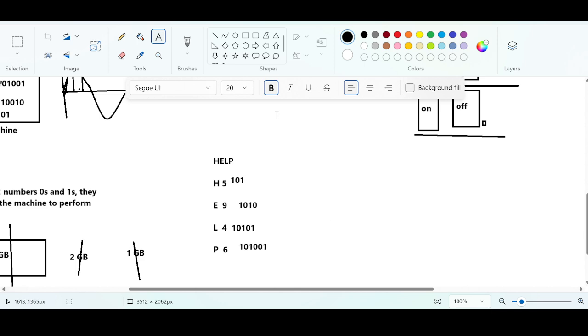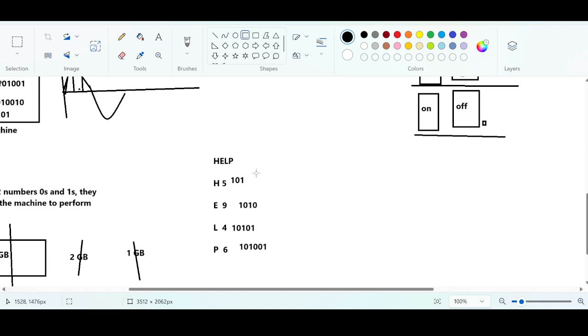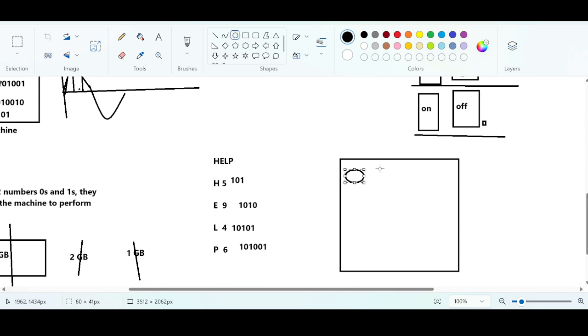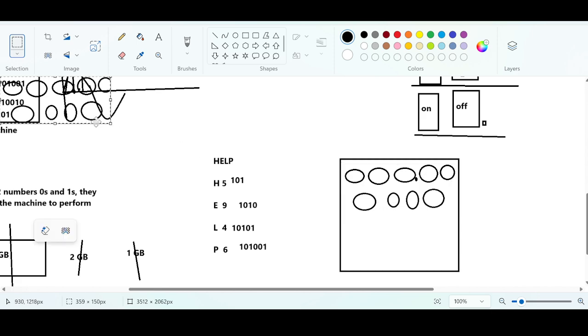After this conversion, it will be transmitted in the form of radio frequency. From the receiver side, they have a lot of red bulbs.